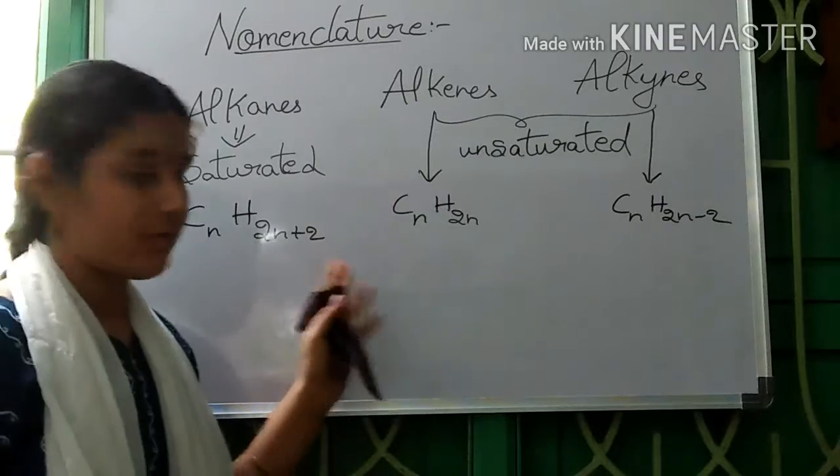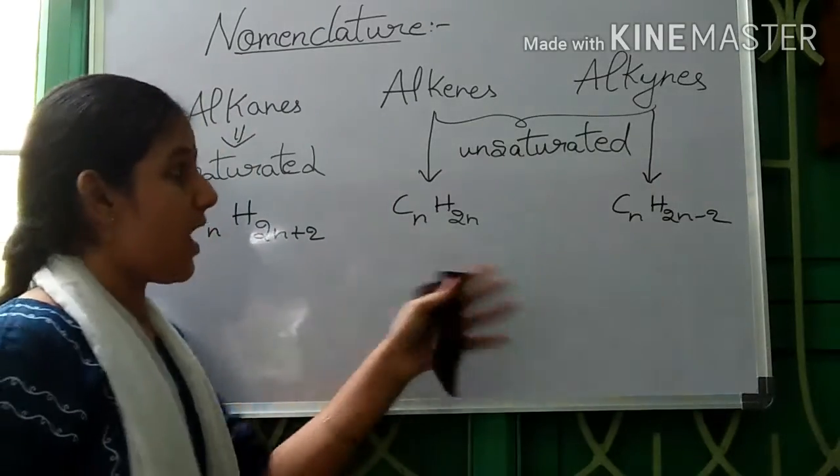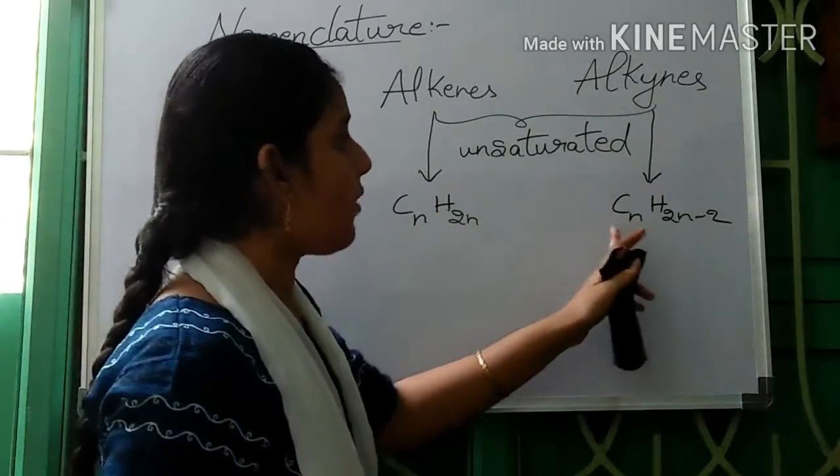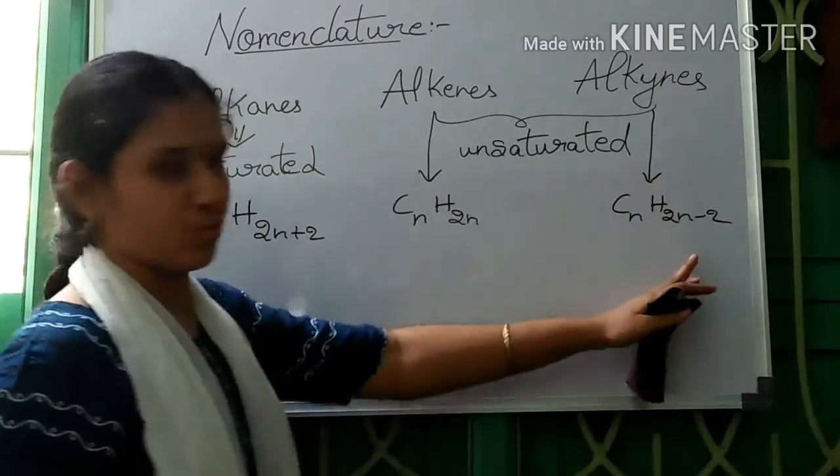Alkenes follow a general formula of CnH2n. Alkynes follow a general formula of CnH2n minus 2.